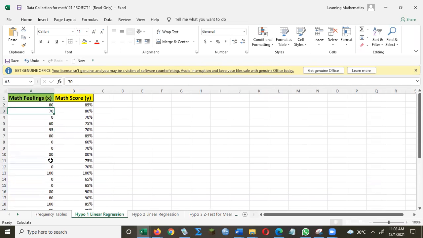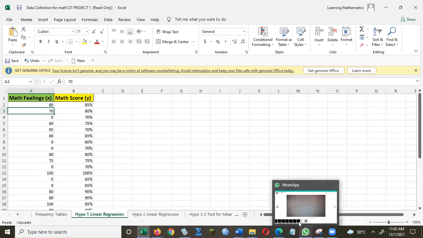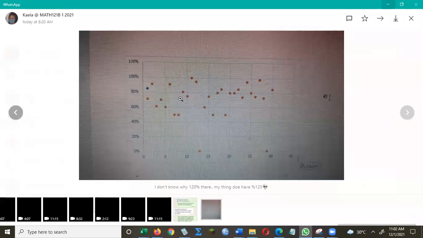All right, let me just clarify for the people that are listening. Kayla is saying she used the wrong X independent variable to construct that scatter plot. That is why it's looking so horizontal, like there's no correlation.